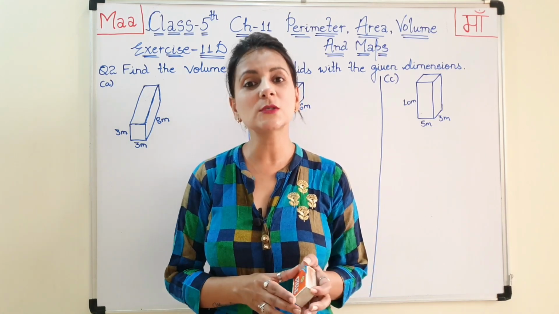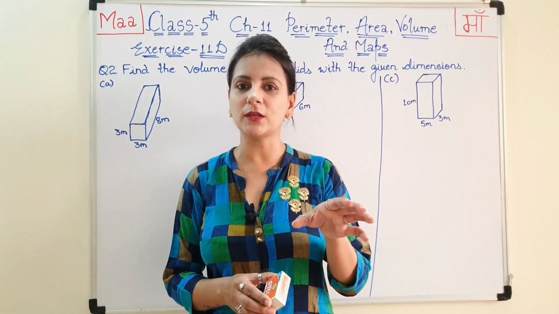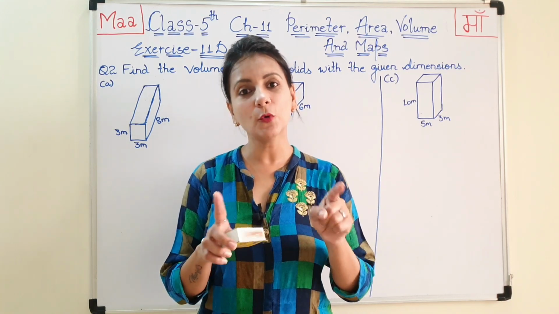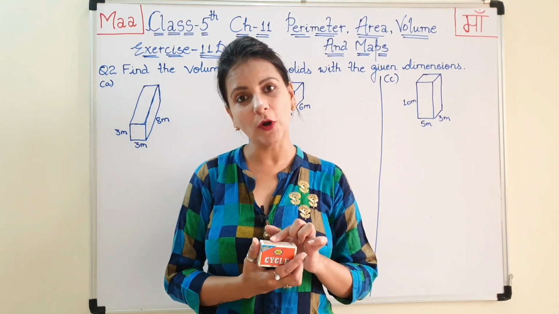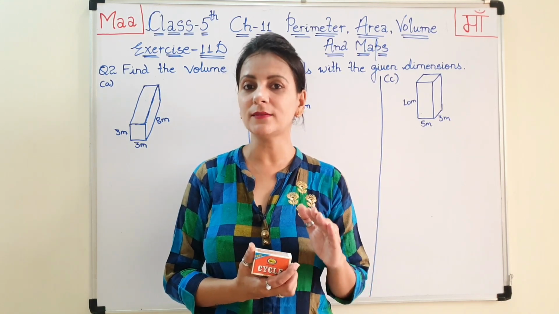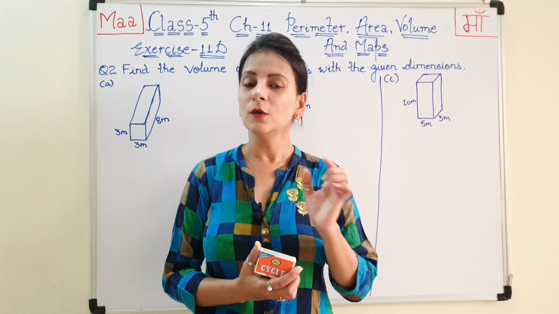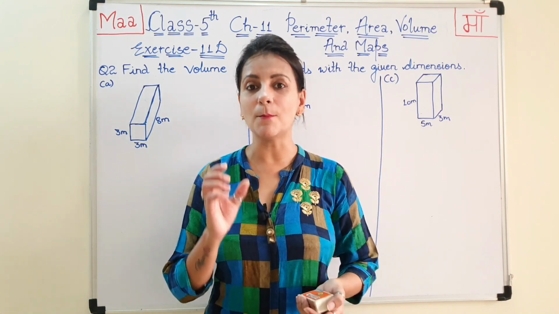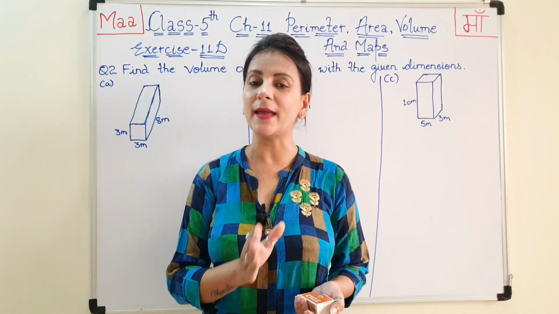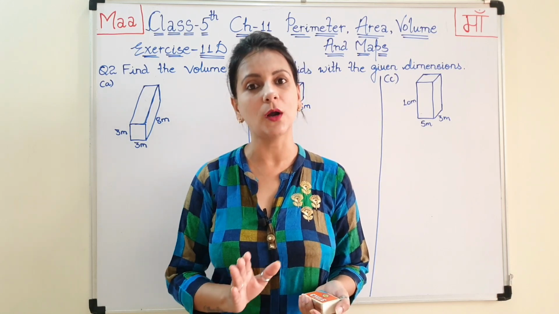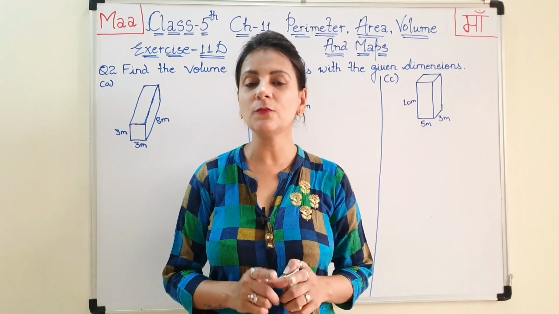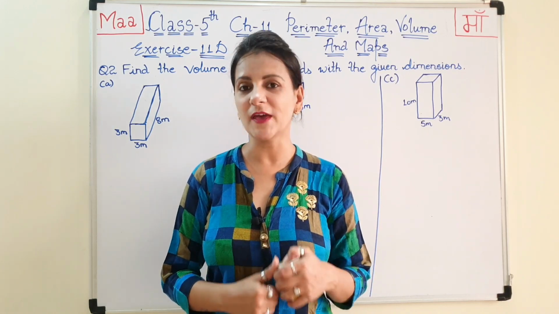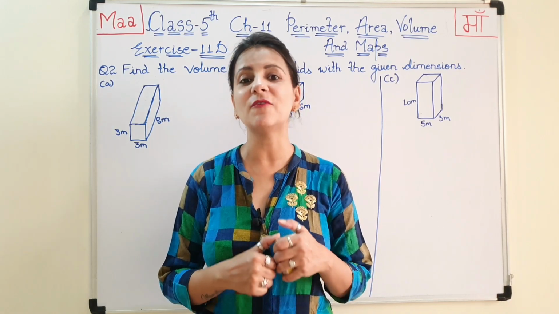Cube also has the cubic unit and there we have only the side in cube, but in cuboidal object there is length, breadth and height. So you remember this thing, that the amount of space occupied by any solid object is called its volume.